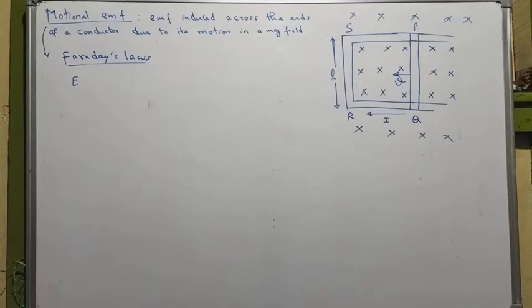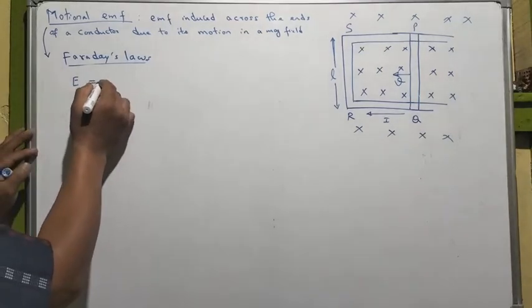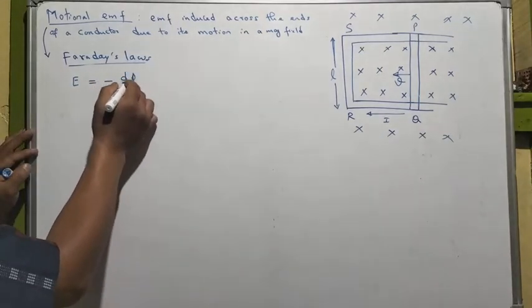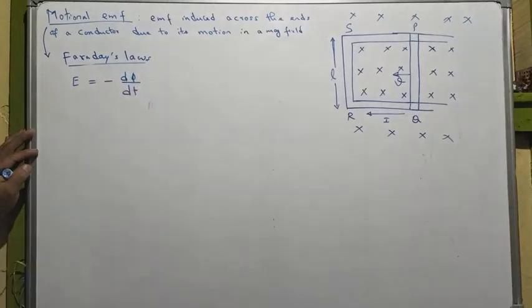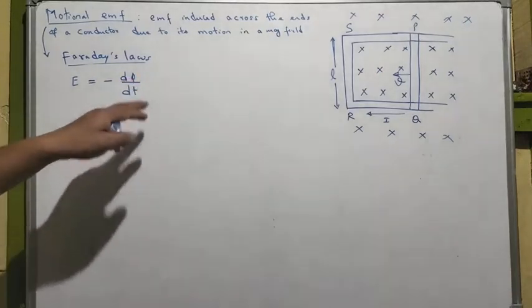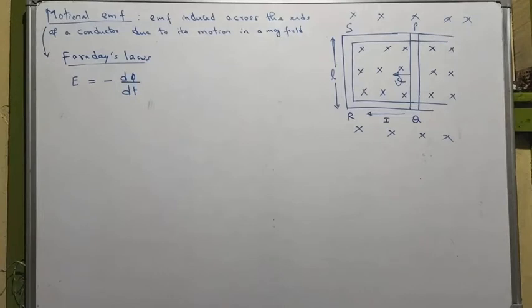And the magnitude of that EMF is given as minus dΦ upon dt, where dΦ upon dt is known as the rate of change of magnetic flux. Now let us obtain this motional EMF using Faraday's laws.